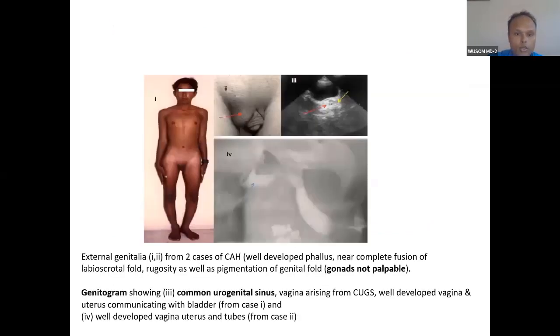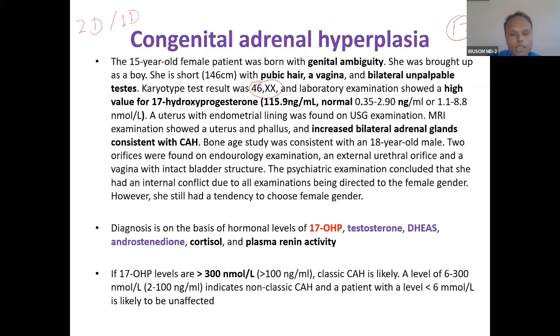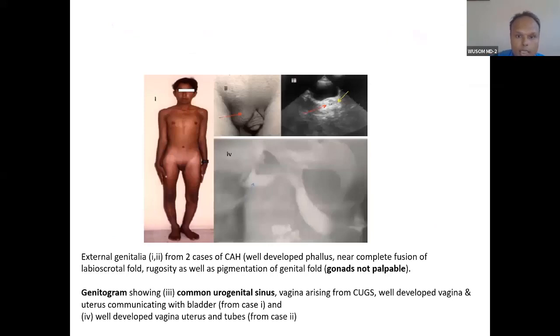So you can see this picture of a related case. You can see ambiguous genitalia here in a female, with non-palpable gonads. There will be an enlarged clitoris, and in USG there will also be a common urogenital sinus.